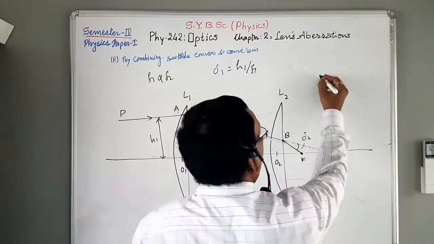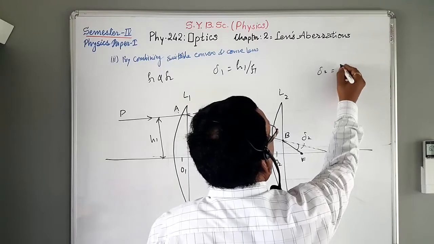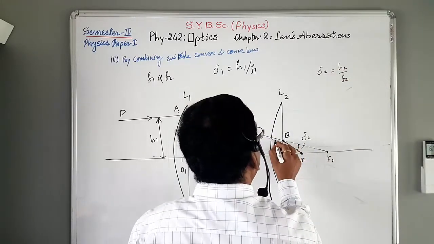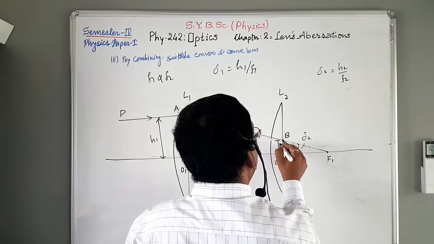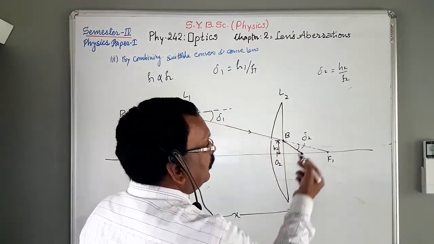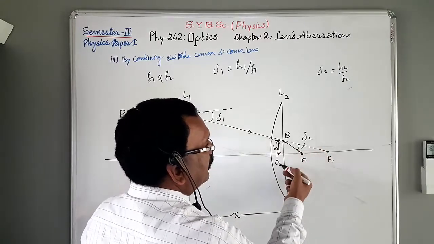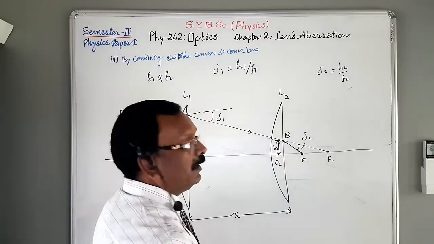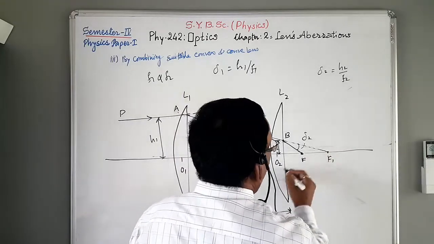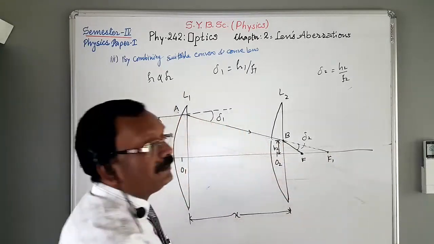This deviation delta 2 is equal to h2 upon f2, where h2 is this height. So delta depends on the height of the incident radiation as well as the focal length f. The focal length of this second lens is f2.